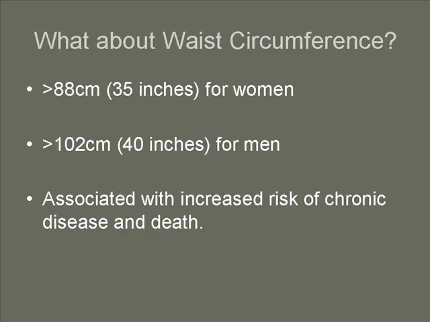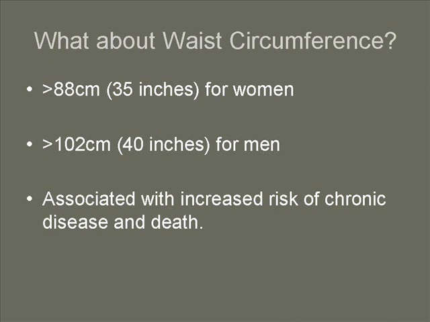Waist circumference has also become an important item in overweight and obesity. Research studies show that it isn't just how much extra weight you carry, but where you carry it, where it's distributed, that can affect your health. I'm sure all of you have heard of the apple shape and the pear shape.